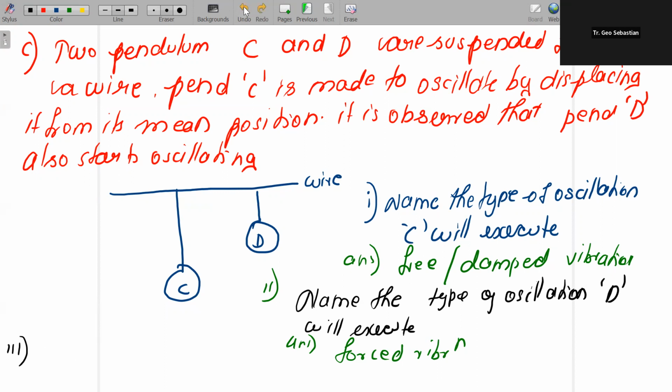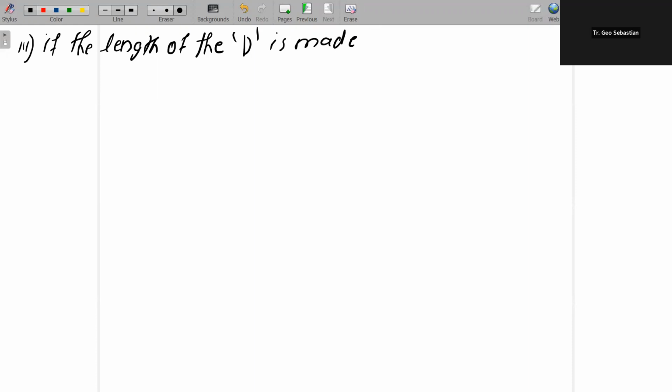Sorry, one more thing. If the length of D is made equal to C, then what will you observe?